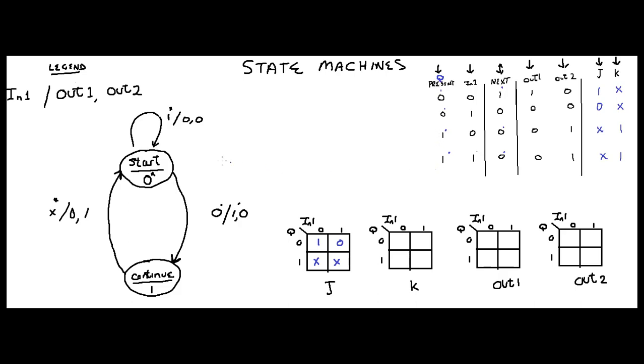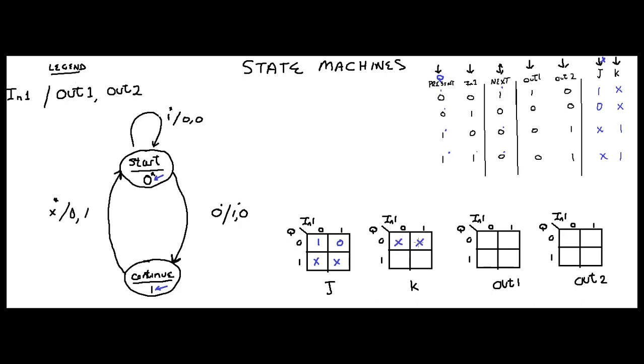That's Q, and that corresponds to your state values right here. Q is 0, and there's your in1, right? So you have 0, 0. If you come over here for J, which is in this column right here, you see you have a 1 and a 0. Here's your 1 and 0. And the last two are XX, right? For the K, which is right here, if you just look at it, it's going to be what? XX.